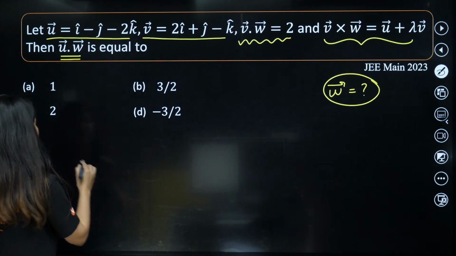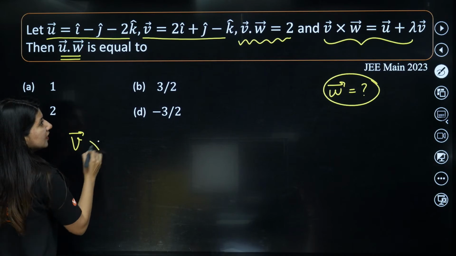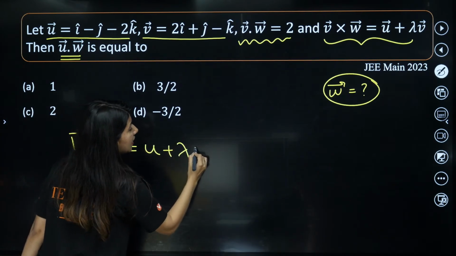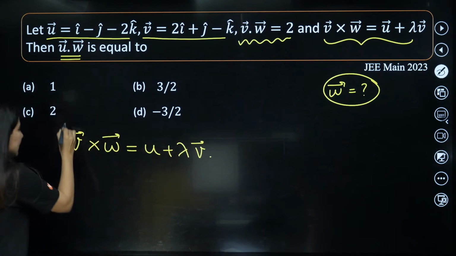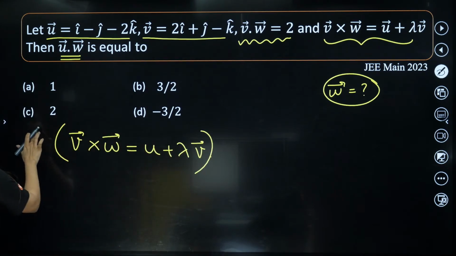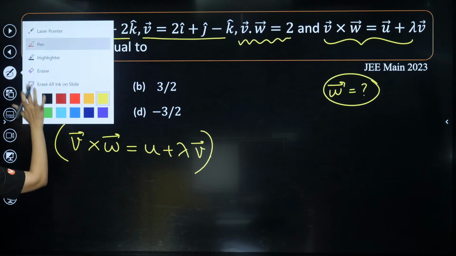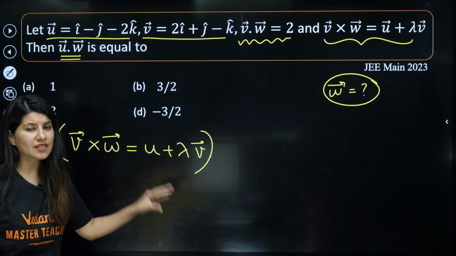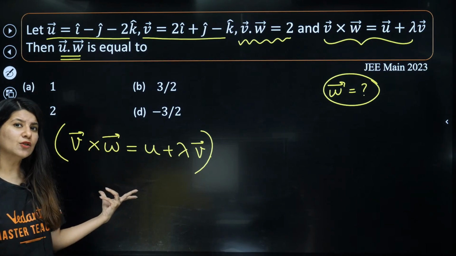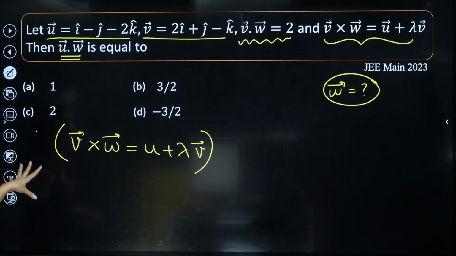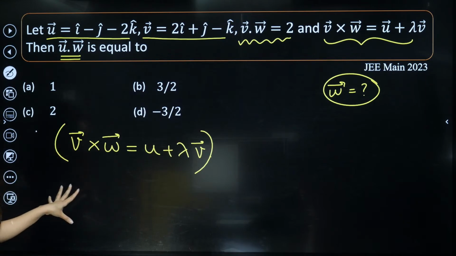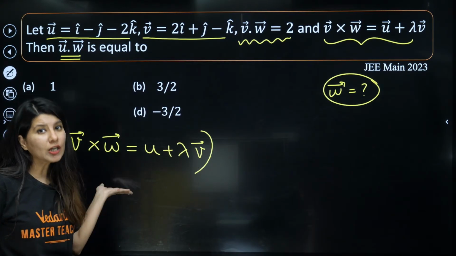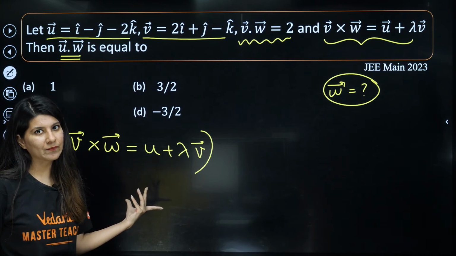In this question, v vector cross w vector is given as u plus lambda v. This is a very standard question, not very deviated or with so many tricks. We just need to manipulate this vector equation by taking the dot product from both sides.